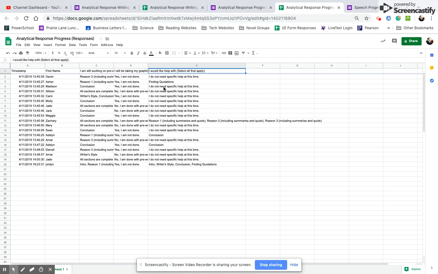Some of them don't want help, but I knew exactly who I was going to conference with individually or in a group that day and the days after because they asked for help. After that, I can take other means to see who needs help. But I knew that I needed to meet with these students who said they wanted help on these specific areas. It's so beneficial to have a means to collect information that quick.